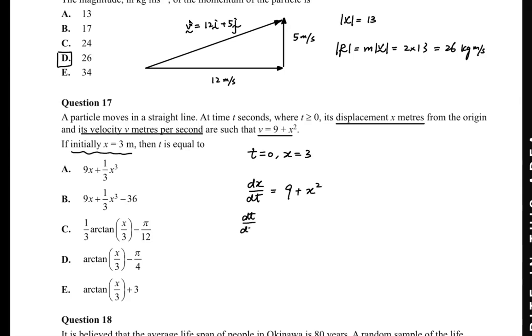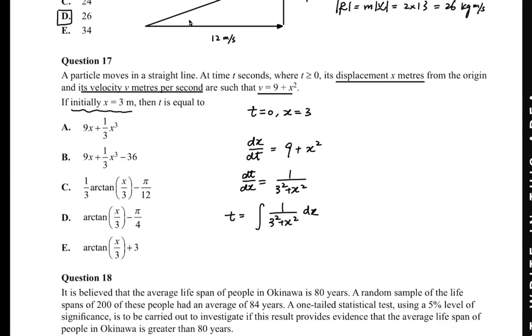So dt/dx will be 1 over 3 squared plus x squared. Anti-deriving, you get that expression. Your t should be 1/3 tan inverse x over 3 plus c.